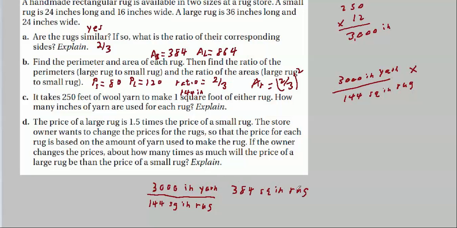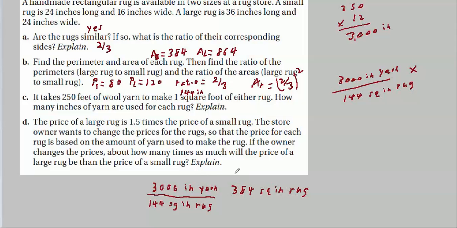Why am I writing all this out? So that I can see that I am in fact canceling things out here. I've got square inches of rug down here in the denominator, square inches of rug up here in the numerator. They'll cancel, and my answer will be in inches of yarn, which is what I want.